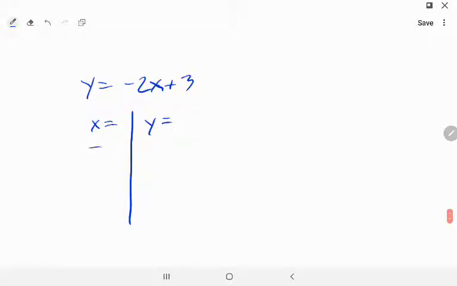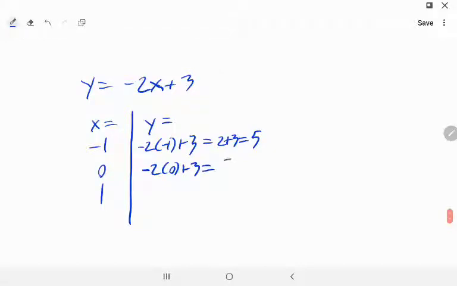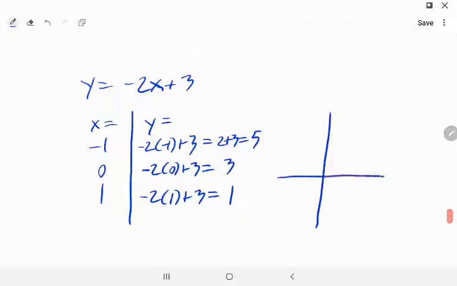If we try negative 1, 0, 1, we get negative 2 times negative 1 plus 3, which is 2 plus 3 equals 5. Negative 2 times 0 plus 3 equals 3. And negative 2 times 1 plus 3 equals 1. We only need 2 points to make a line. We usually just get 3 points to verify.